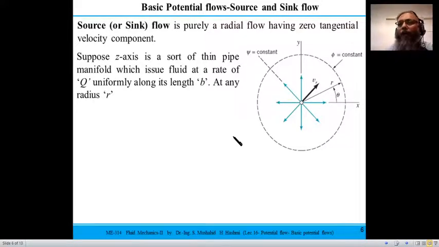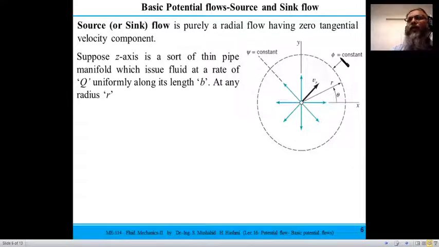Okay, how do we get their corresponding velocity components, stream functions, and velocity potential functions? Suppose, out of the paper along the z-axis, you have a thin pipe manifold with water coming out, and it goes directly in the radial direction.